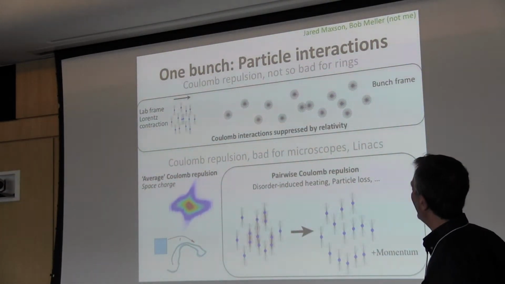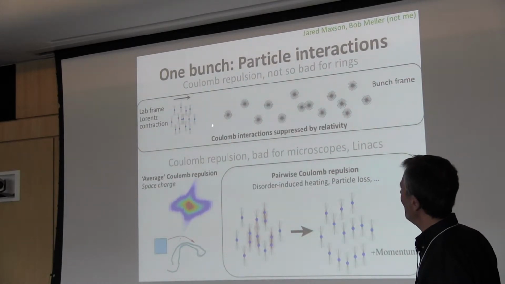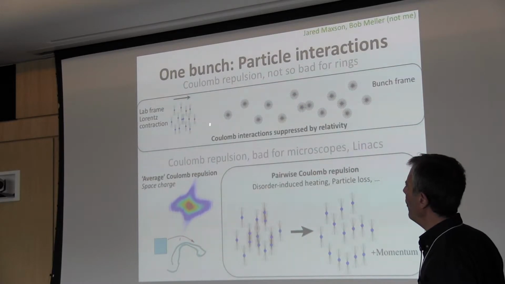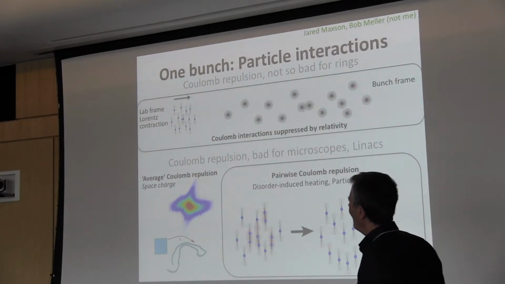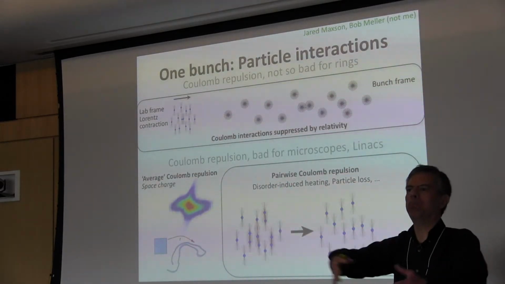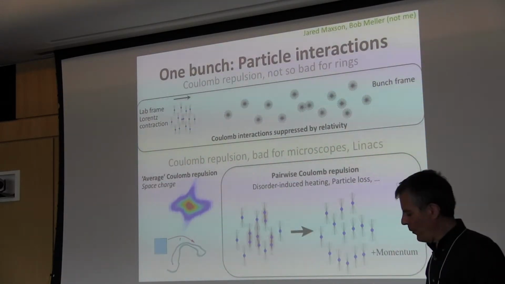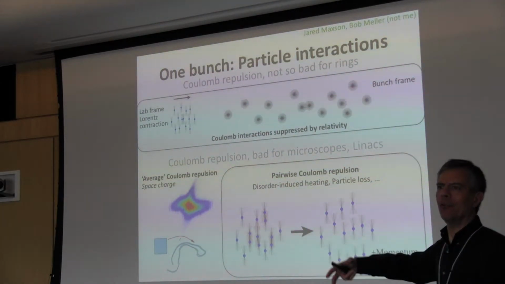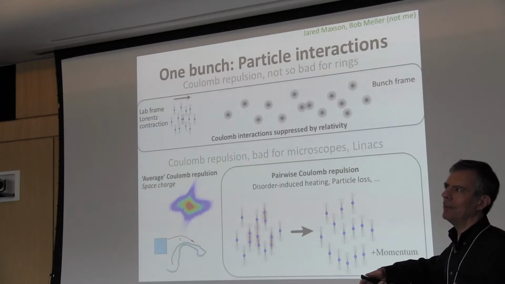Good. There are the packets: when you put a bunch of electrons in a packet, they have a Coulomb repulsion, right? And Coulomb repulsion makes things push apart. If you're very clever, you can make it push apart and not increase the emittance in some clever way.